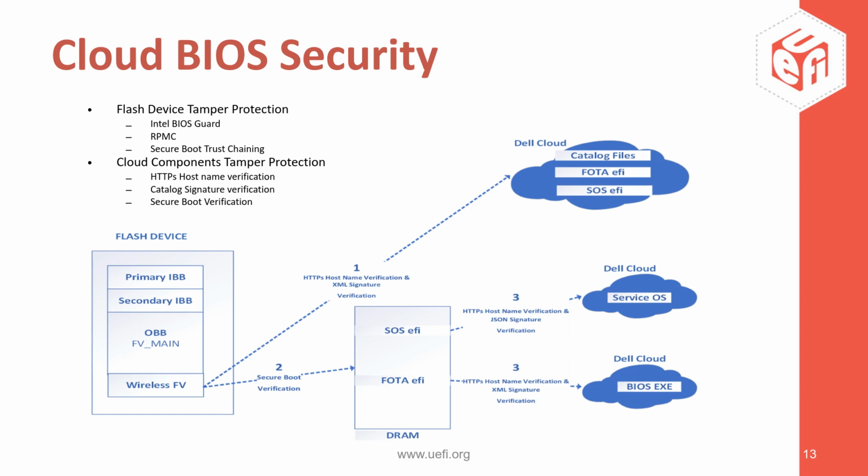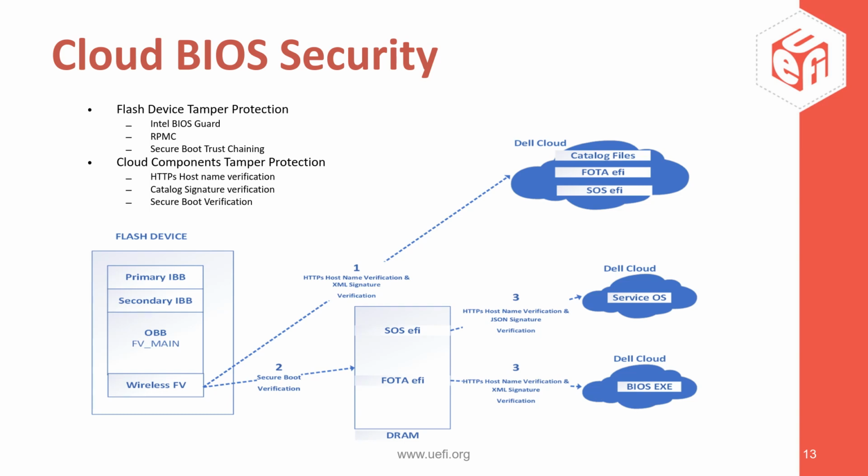Intel BIOS Guard is a technology that allows only authorized or authentic applications to update the flash device. So even if malware gets access to the system, it is not able to update anything on the flash device, because the flash device is protected through Intel BIOS Guard.